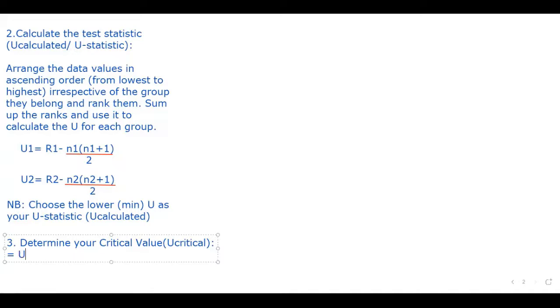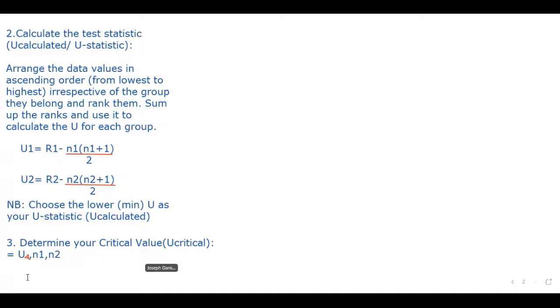It is U with alpha, comma N1, comma N2. Alpha is the level of significance. N1 is the sample size for the first population, and N2 is the sample size for the second population.